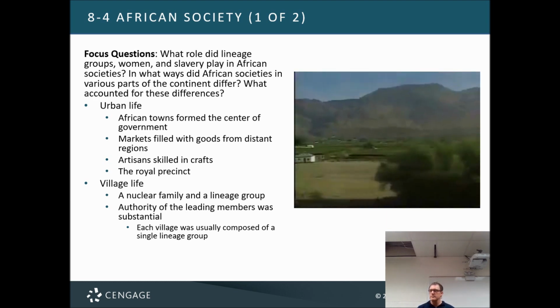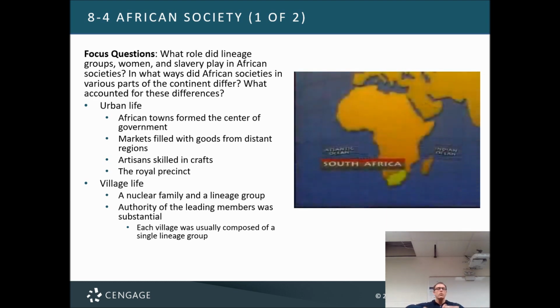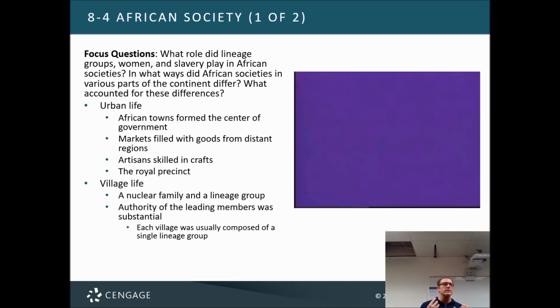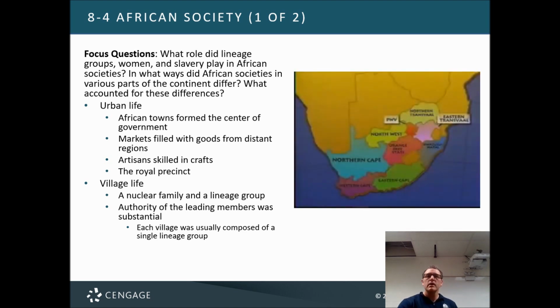But then, just like Mesopotamia, eventually they organized into larger networks, and these larger networks serve various purposes. For one, they would be the center of government, the economic center, and places where many of the skilled workers and merchants and artisans would live.